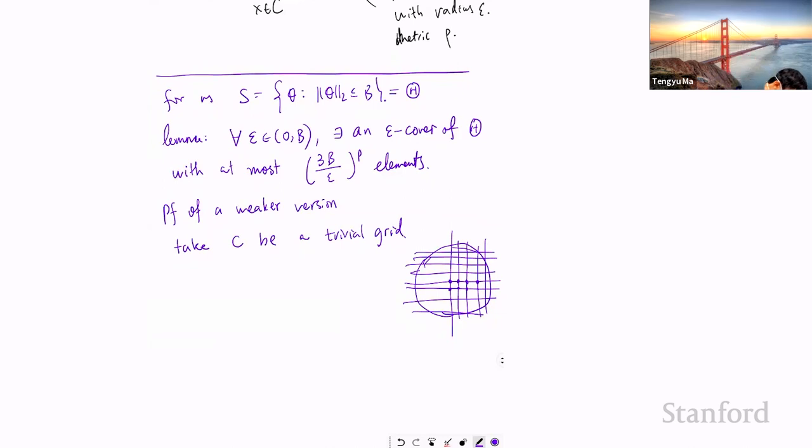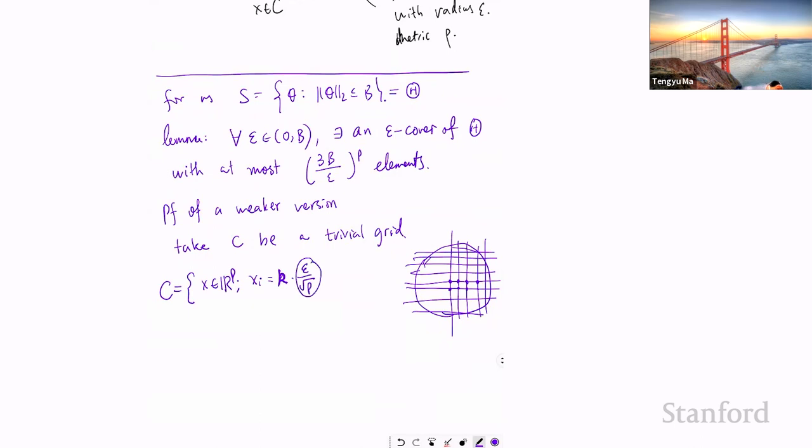Formally, C is taken to be all the points x in R^p such that each coordinate x_i is a multiple, K times epsilon over square root of p.